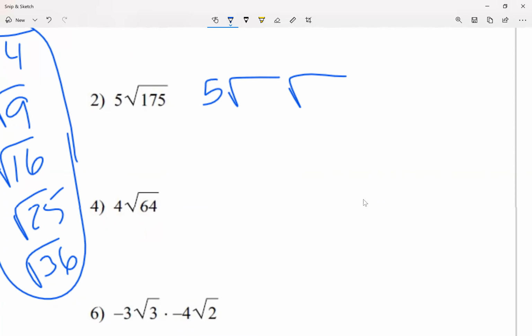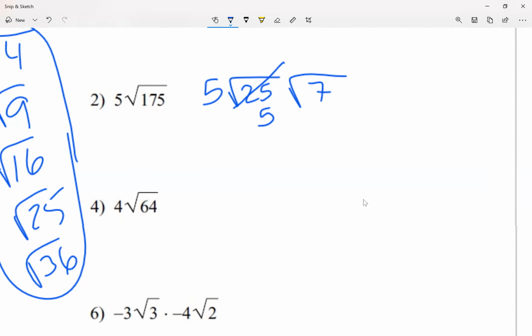I'm thinking of 2 numbers that multiply to 175. One of them has to be a perfect square. In my mind, I'm thinking 25 times 7. I know the square root of 25 is a perfect square. That becomes a 5. Now the square root of 7, there's nothing I can do.